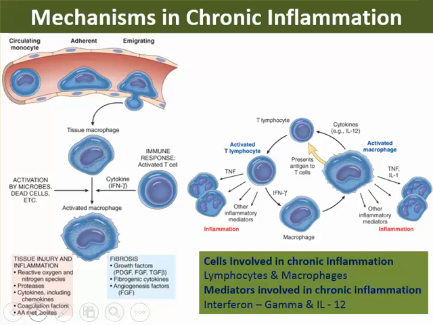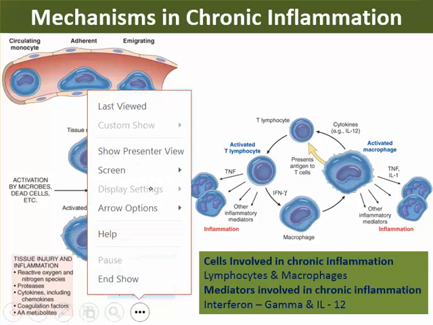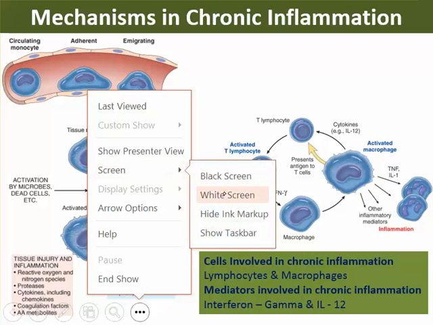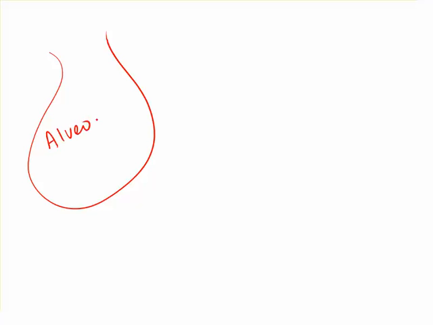Okay, now let's go to the mechanisms involved in chronic inflammation. See, consider this is the alveoli, you all know alveoli. The person got Mycobacterium tuberculosis.